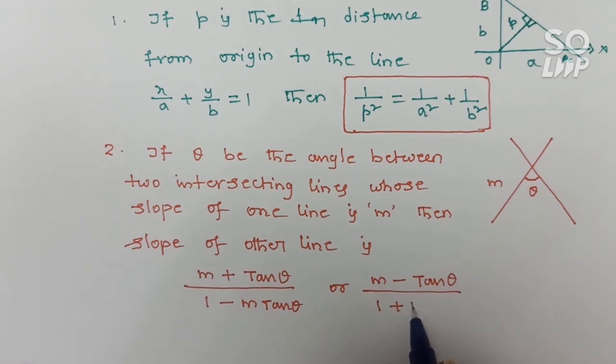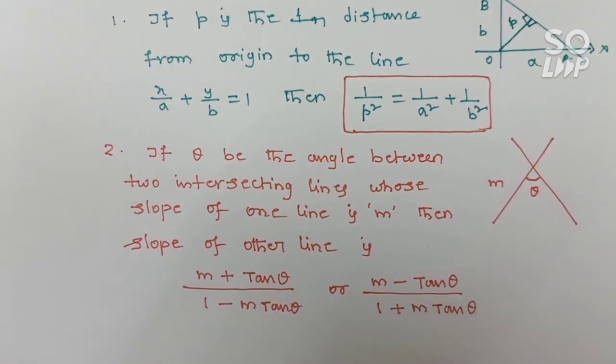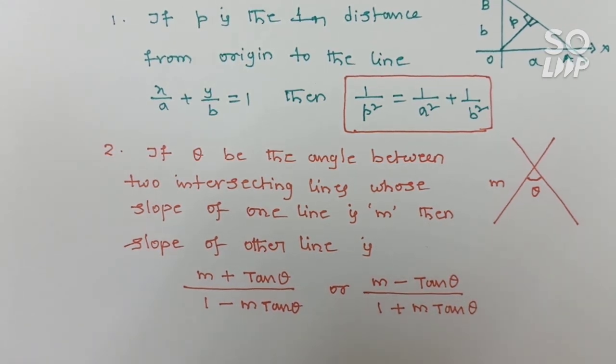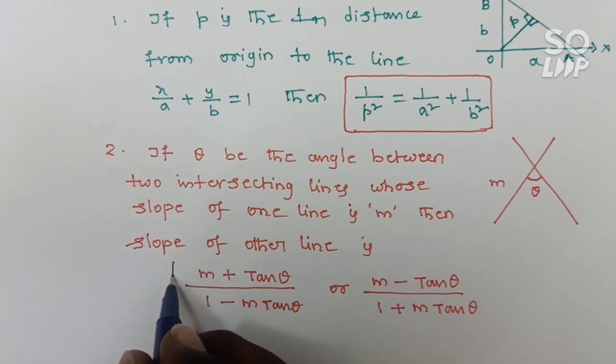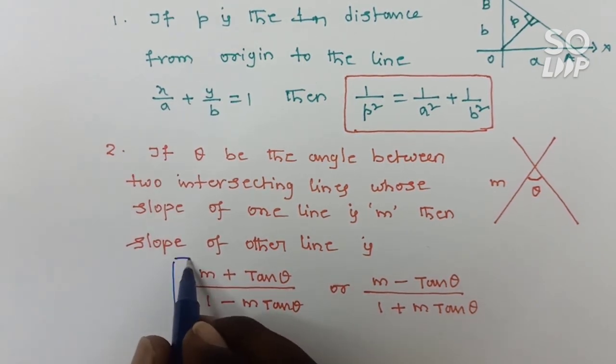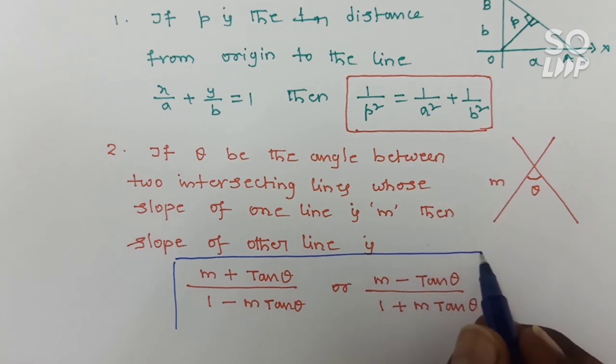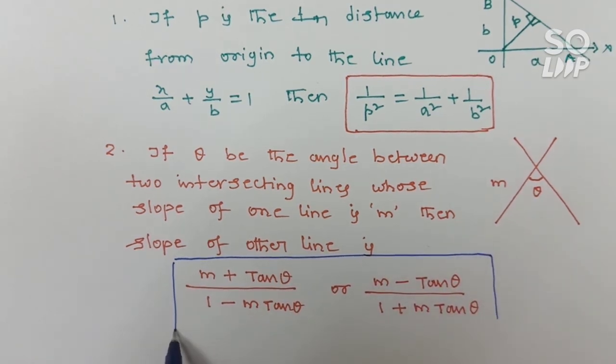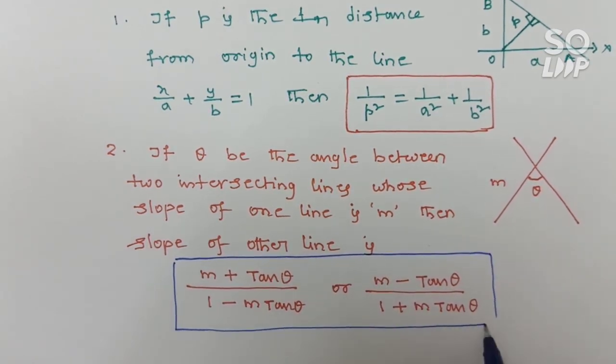So here we get two possible values for the slope of the other line. So this is also very important, to do those lengthy types of problems. Please all of you remember this one.